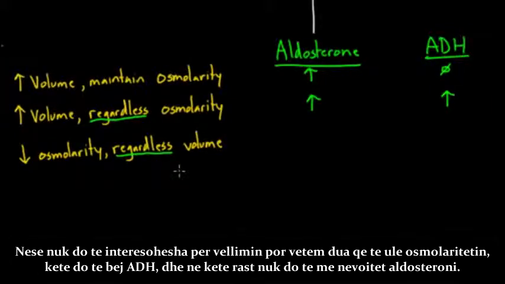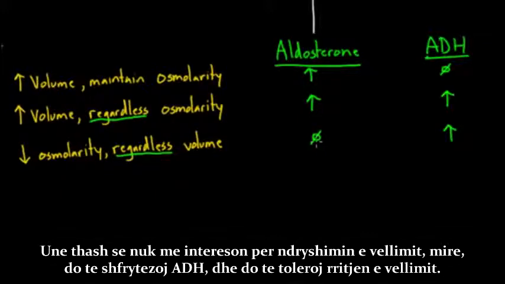Well, if I didn't really care about the volume and I just wanted to decrease osmolarity, well, that seems like a no-brainer, right? That's exactly what ADH will do. It will decrease osmolarity. And in this case, I don't really need aldosterone, right? Because I said in my question or my phrase here that I don't care about volume changes. So that's fine. I'll just use ADH and I'll tolerate the increase in volume.